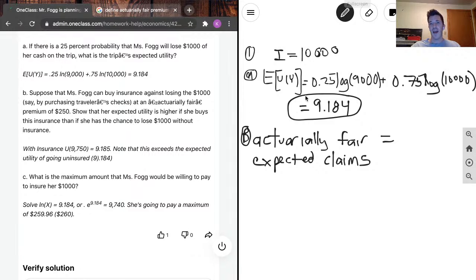Essentially, instead of having these 2 cases, the 25% chance that he has $9,000 for the trip and the 75% chance he has $10,000 for the trip, he's just going to pay $250, and then regardless of whether or not he loses the money, he'll have the same amount of money for the trip. So in this case, we're not writing expected utility of Y, because we know what the utility is going to be. He is going to have $9,750 for his trip.